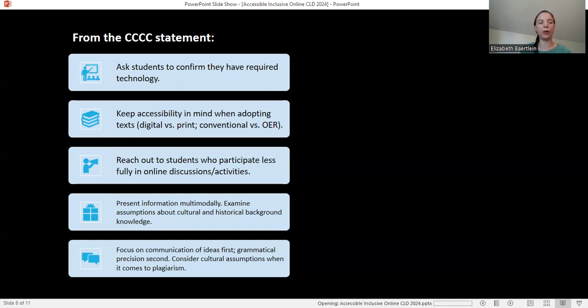Most people who learn languages as adults do speak and also write with an accent. So expecting 100% grammatical precision may just be unrealistic. And consider whether that is what you want to focus on with your assessment or whether you really want to focus on the ideas that are there more so.